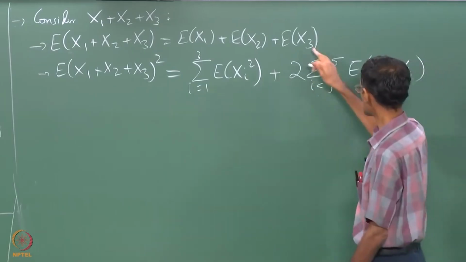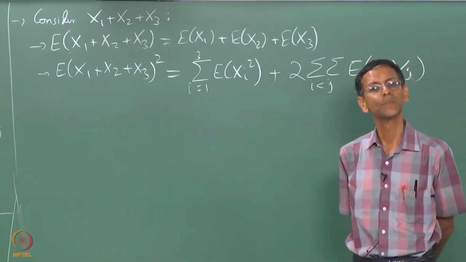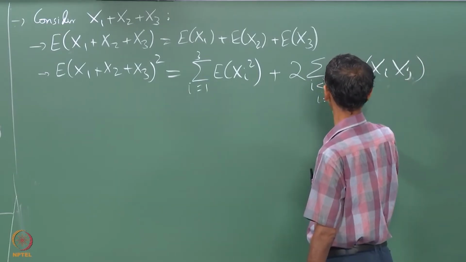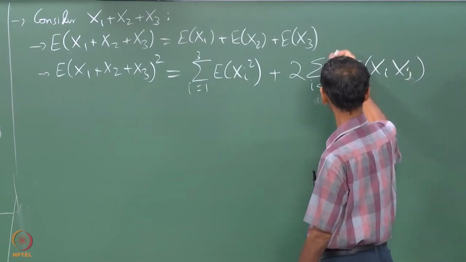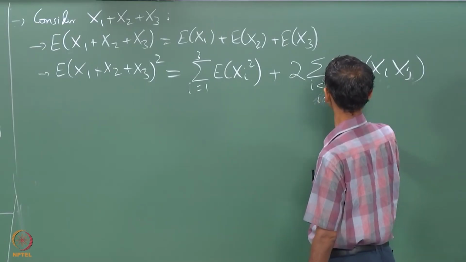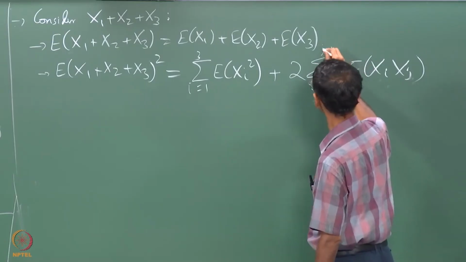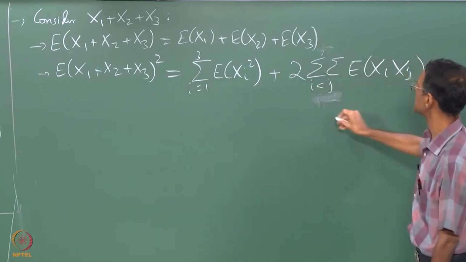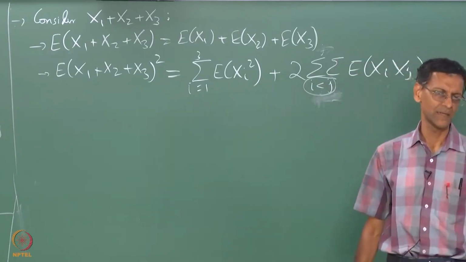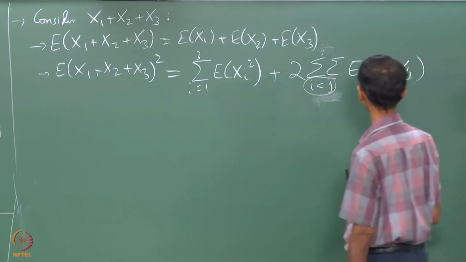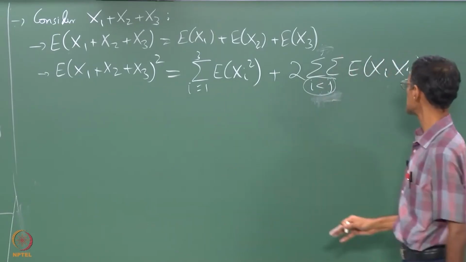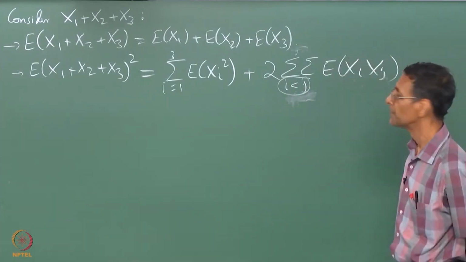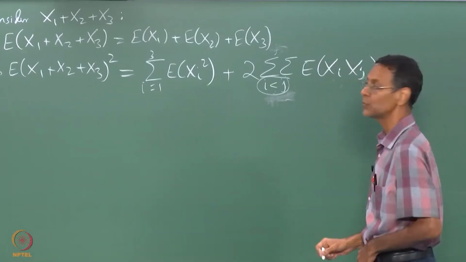You can say j going from 2 to 3 and i going from 1 to j minus 1, but instead of worrying about the limits of i and j, we just write i less than j. You can think of it as a single sum over all possible i less than j. I think that's the simplest way of looking at it.